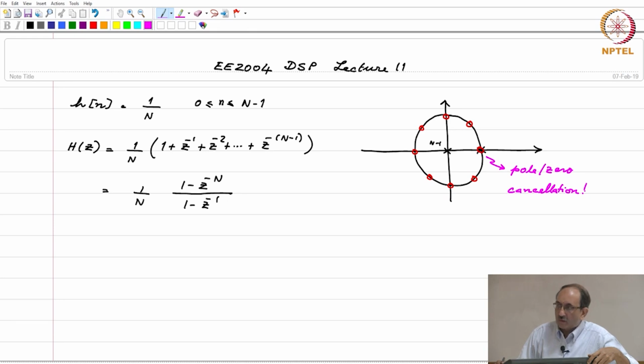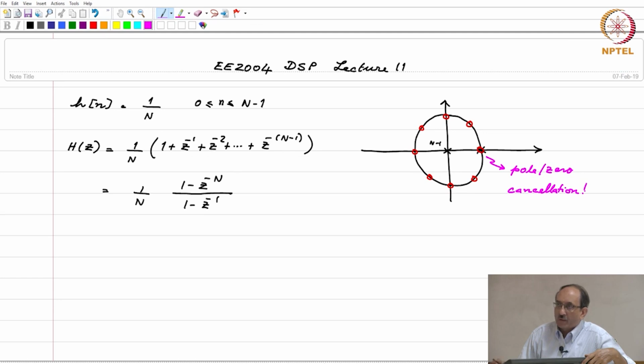We made the remark that if there were an uncancelled non-trivial pole in the transfer function, the corresponding inverse Z transform will have a factor of the form k by 1 minus a z inverse. The inverse transform, depending upon the ROC, will either be of the form a to the n u of n or minus a to the n u of minus n minus 1.